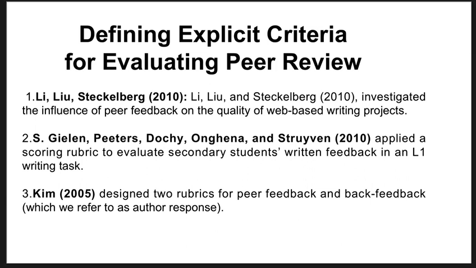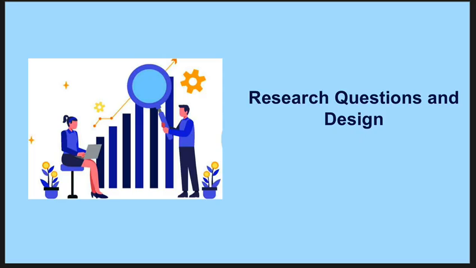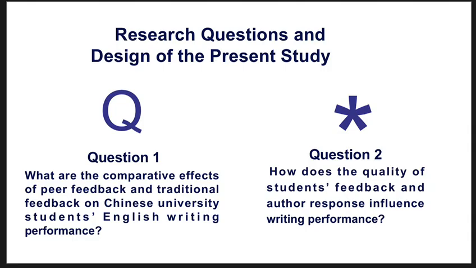Then let's take a look at how the authors designed the research. Firstly, it's about research questions and design of the present study. There are two research questions in this article. The first one is, what are the comparative effects of peer feedback and traditional feedback on Chinese university students' English writing performance?